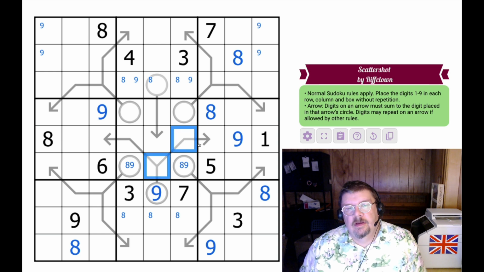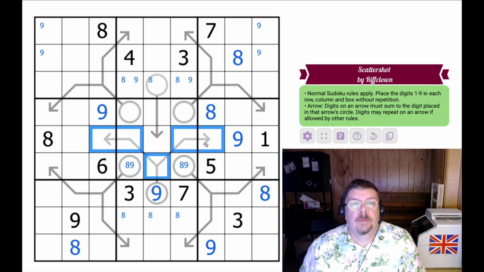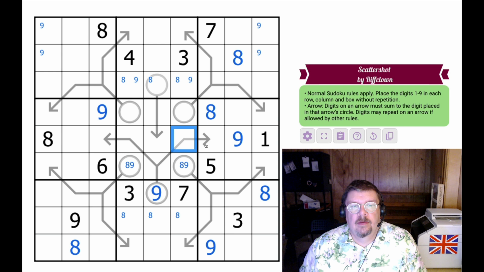Okay, 7 cannot go onto this arrow. Right, if that was 7, that would be 2 at least. If that was 7, that would be 2 at least. And if that was 7, that would be 2, 3 at least. So yeah, 7 can't go on to this arrow.